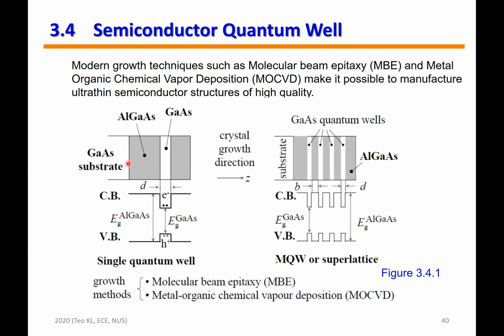So in this case, after growing gallium arsenide on the gallium arsenide substrate, the buffer layer, you can grow the quantum well, where aluminum gallium arsenide is the barrier, gallium arsenide is the well, and then aluminum gallium arsenide again. Or you can grow multiple quantum wells. Here you have 1, 2, 3, 4, so there are 4 wells.